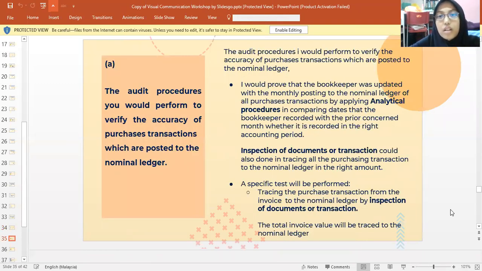So the audit procedures I would perform to verify the accuracy of purchase transactions which are posted to the nominal ledger.